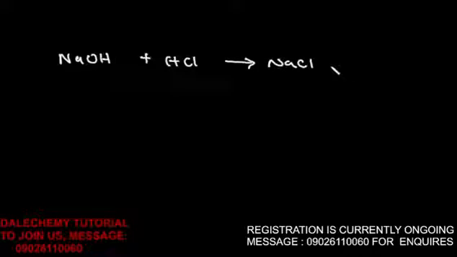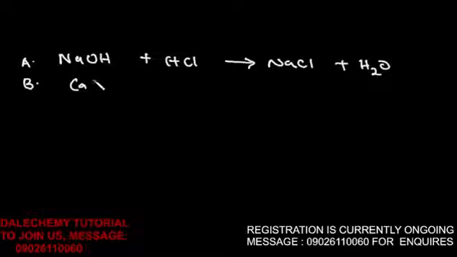Now we have the question here. Which of the following reactions is a redox reaction? We are given these options. The first option is option A, which is this. Then option B, we have calcium carbonate to give CaO plus CO2, this is a decomposition reaction.